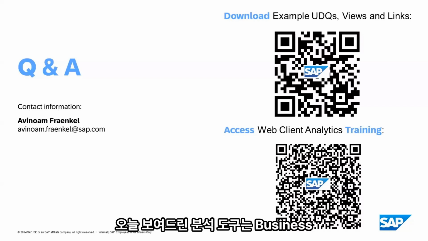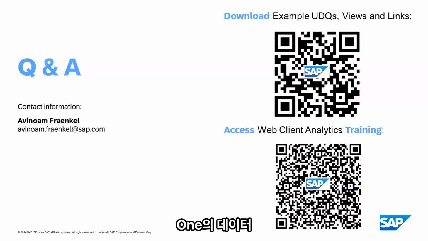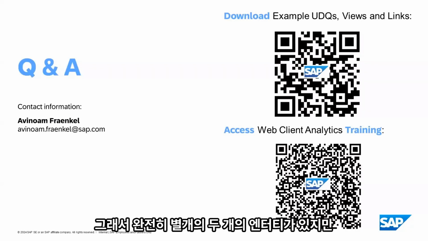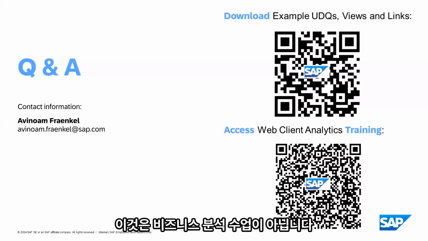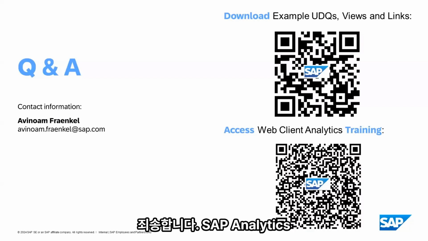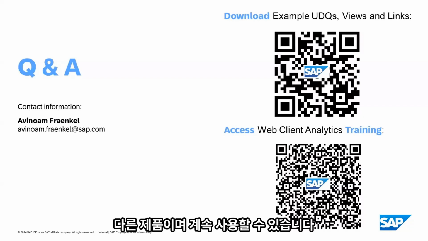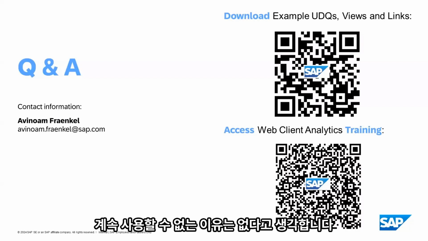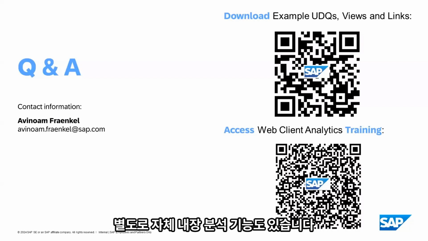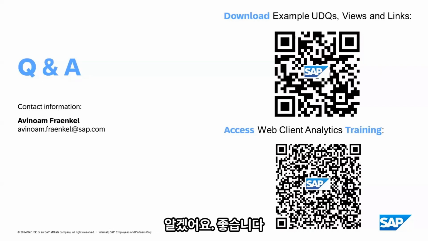The analytics tools that I showed you today are part and parcel of the data access tools of Business One when you're using the web client. So they are two completely separate entities. SAP Analytics Cloud is another product that you can piggyback on top of Business One and continue to use. I don't think there's any reason why we won't be able to continue using it. Separately to that, we have our own inbuilt analytics as well.